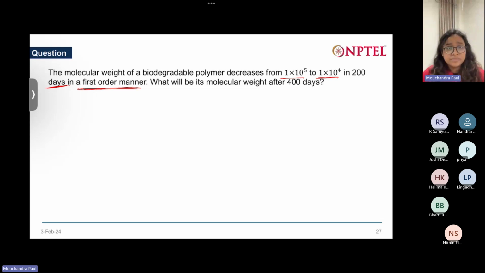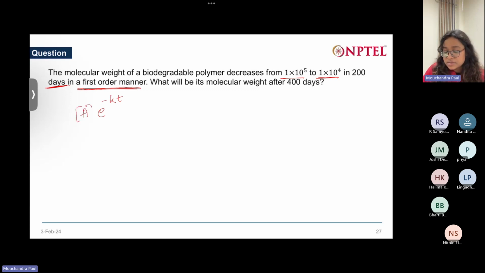So if you remember from chemistry, the equation of first order kinetics in exponential form, how we used to write it: the exponent was e to the power minus kt. Yes, now I remember.